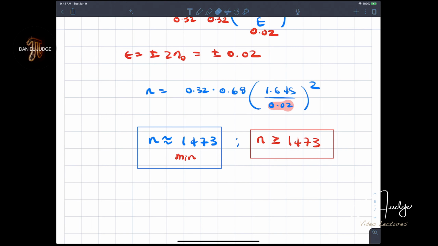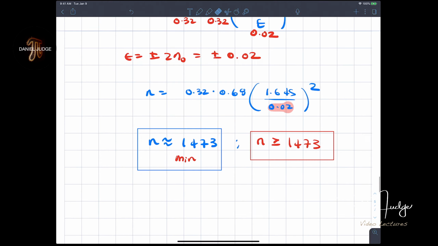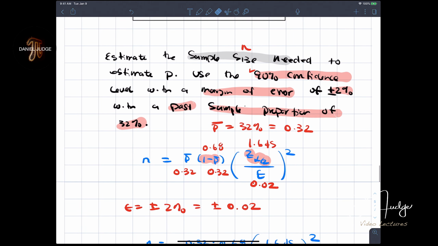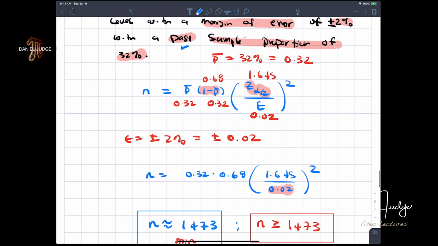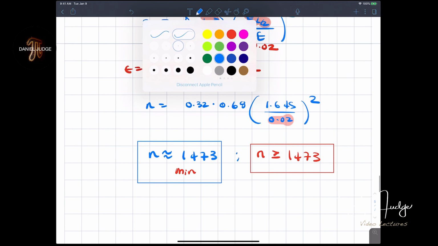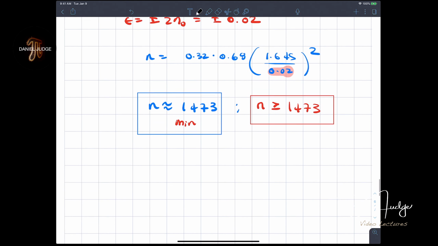And here's more to this. This is when we have past information, right? They have past information of a sample proportion, but you don't always have past information. Sometimes it's unknown.